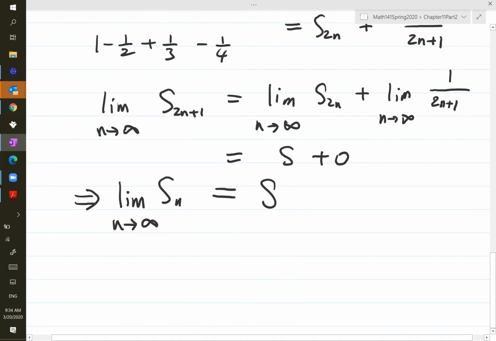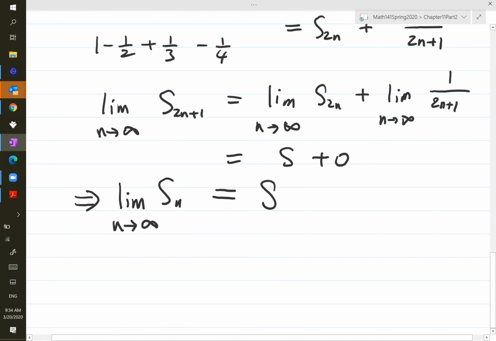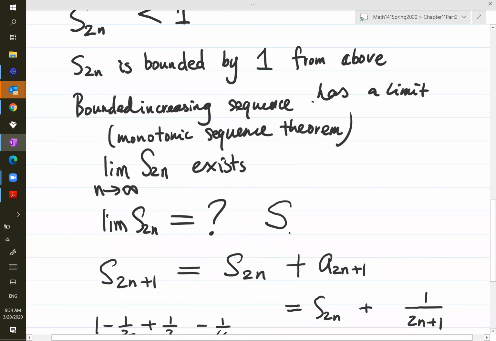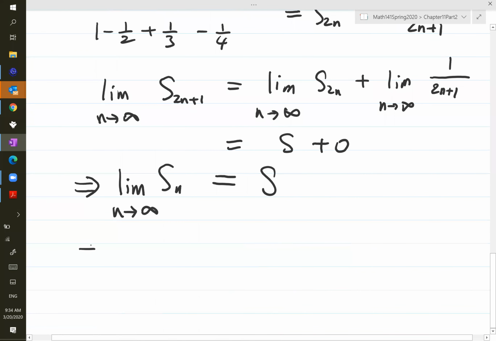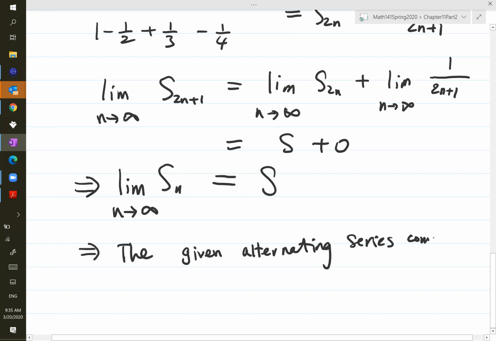Now, we generalize this. Let's check what kind of properties we used to conclude that the series converges. So this tells us the given alternating series converges.